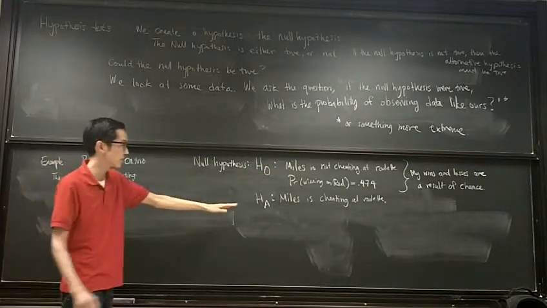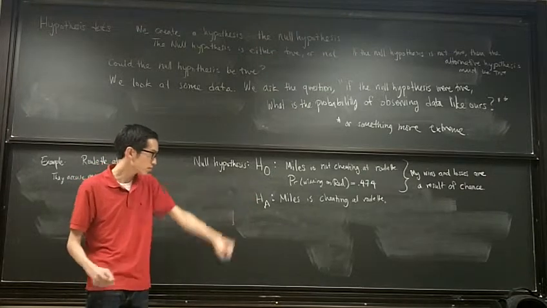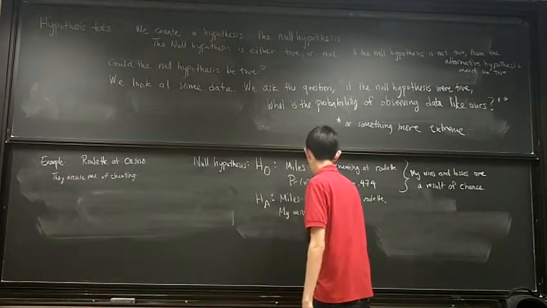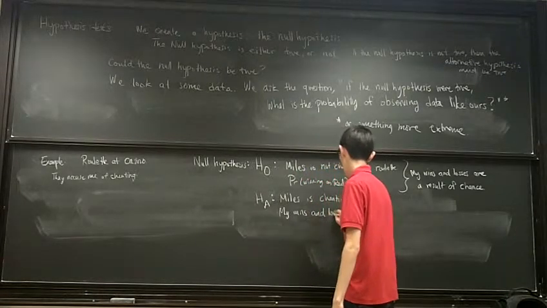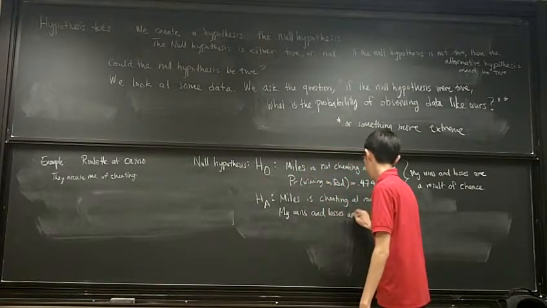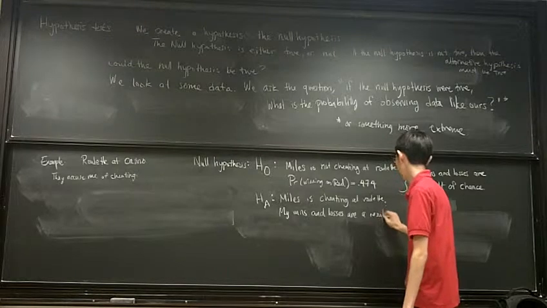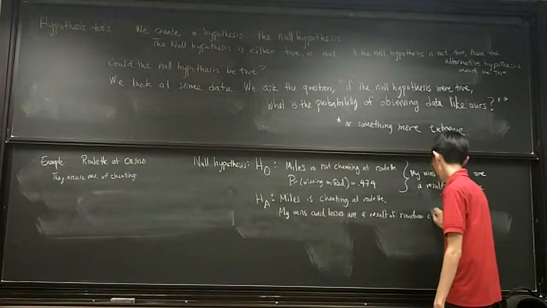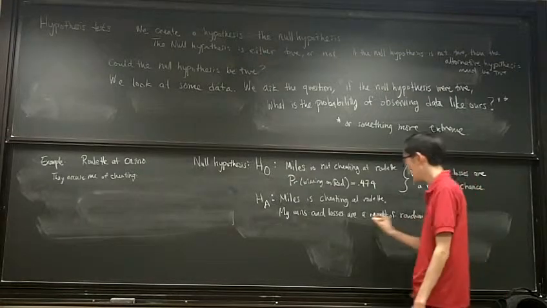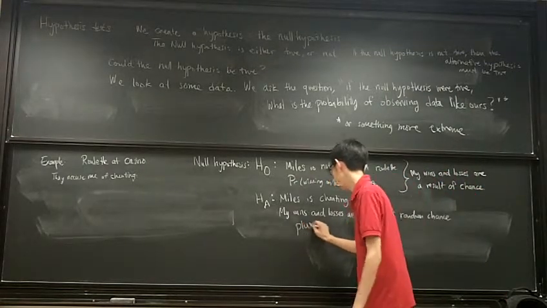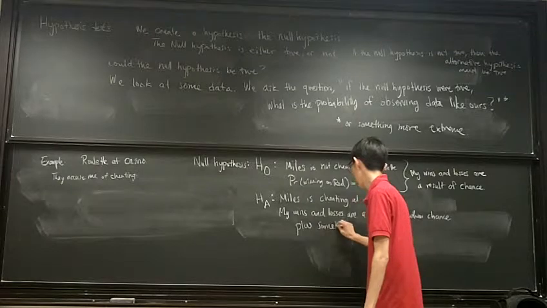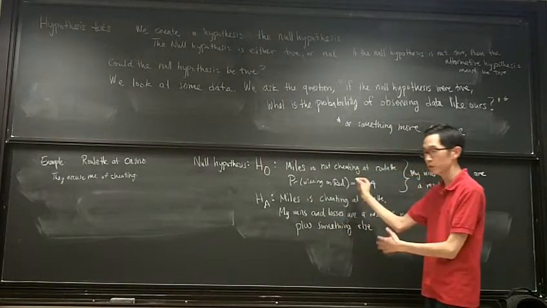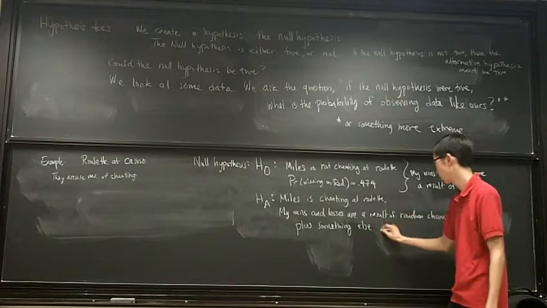Okay, the alternative is that my wins and losses are a result of random chance plus something else that increases my probability of winning.